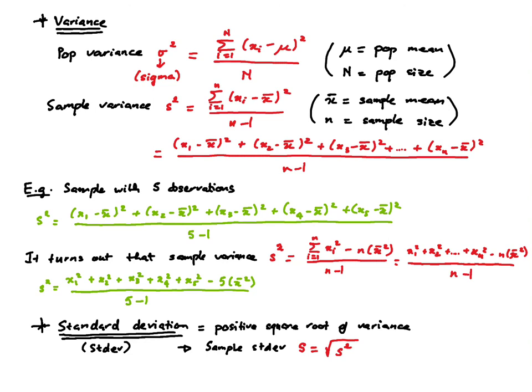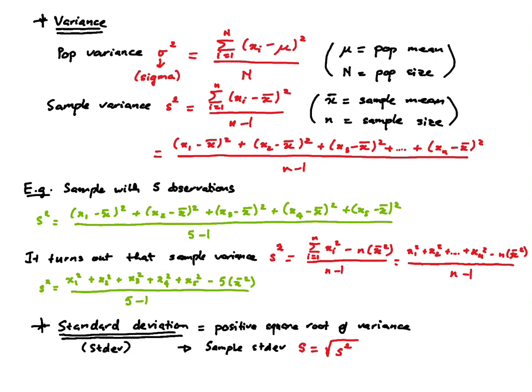So in this video, we talked about the most commonly used, most important measure of variability in statistics, which is the standard deviation. In order to calculate the standard deviation, we need to find the variance first. Oftentimes, we don't have access to population data, so we deal with sample data. And there are two ways we can calculate the sample variance, which is denoted by S squared.